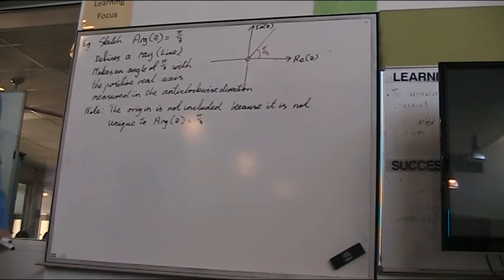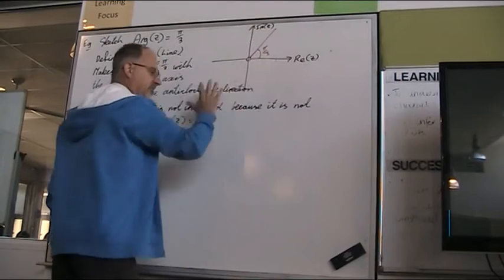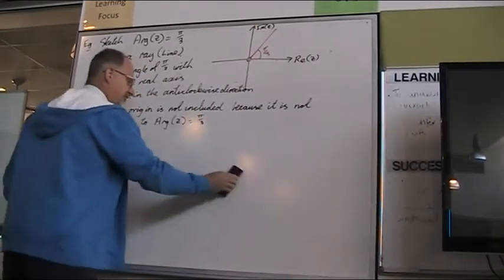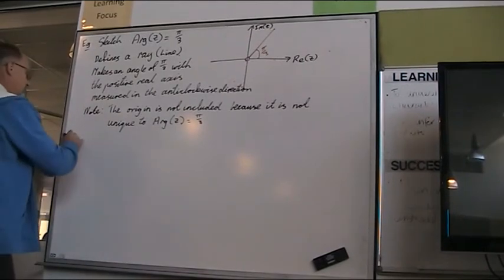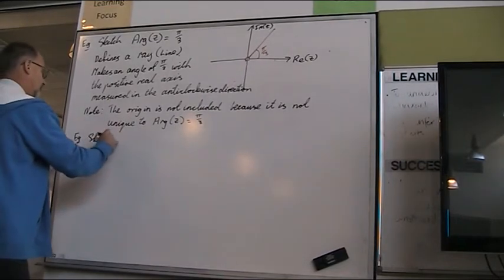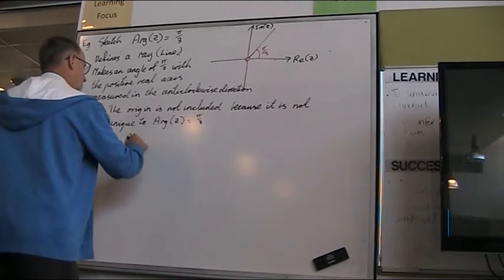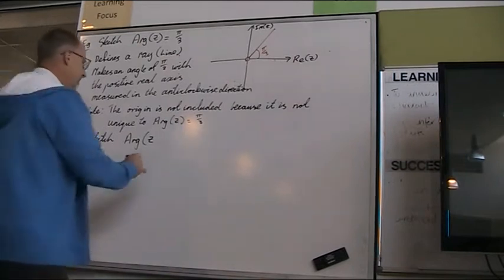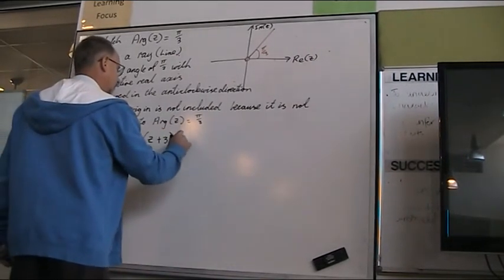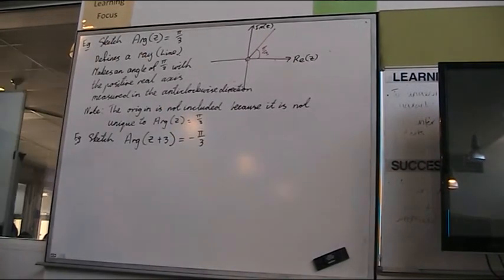All right. Now, of course we can shift that around all over the place if we want to. If we shift that around, for example, sketch arg Z plus 3 equals negative pi on 3.